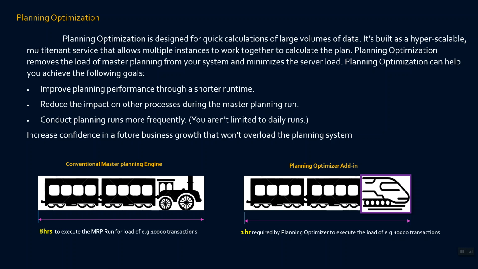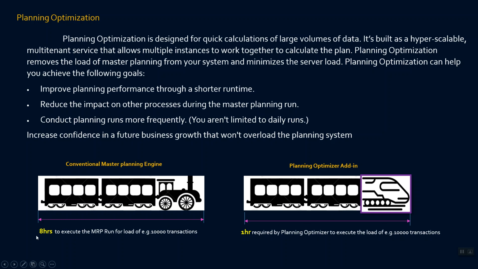Whereas planning optimization is an add-in which is installed on your LCS, and it removes all the load from your server, and the time it takes is one hundredth of the time taken by your master planning engine. This is a normal old engine, and this is a bullet train.